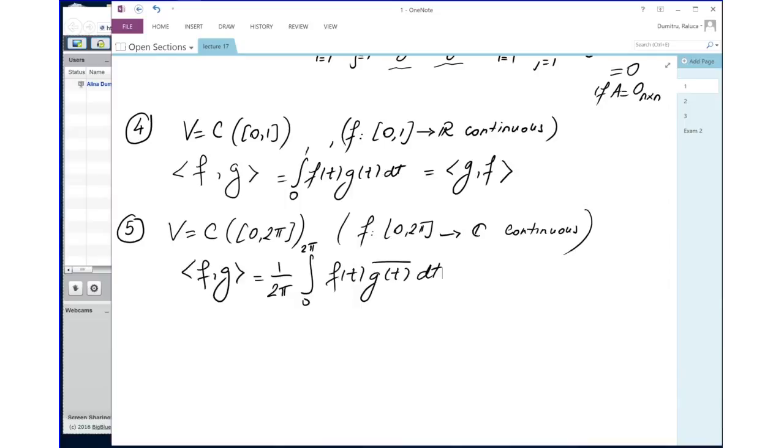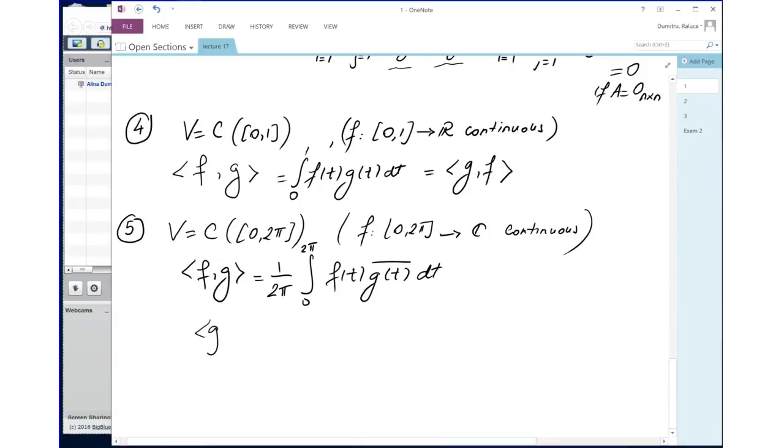So what's going to be different now? When I check whether it's linear in the first, same story. If you replace f by f1 plus f2, of course, it's going to distribute inside the integral there. If you replace f by k times f, the scalar could be pulled out, so no difference. But the difference will be when you're trying to switch positions between f and g.